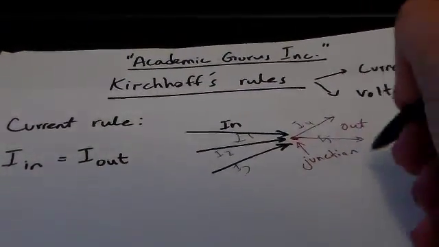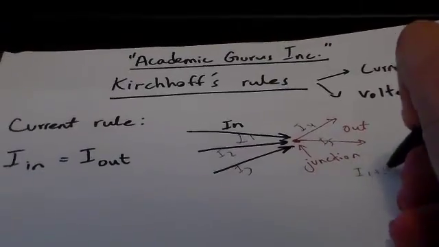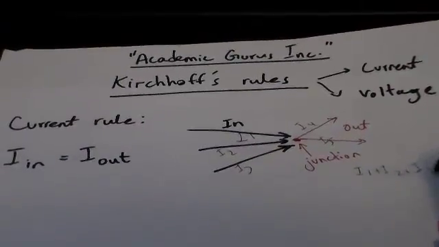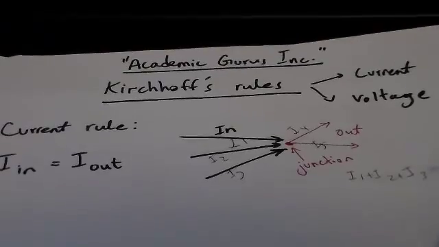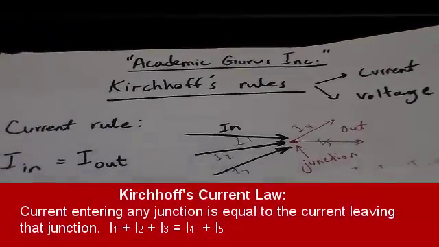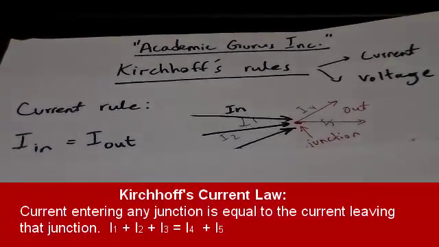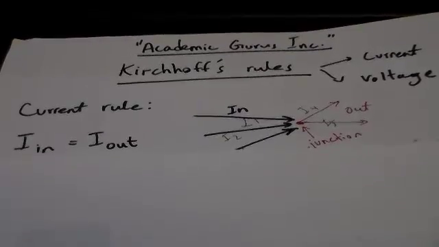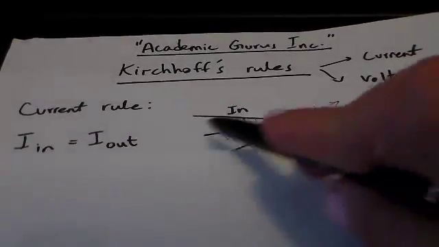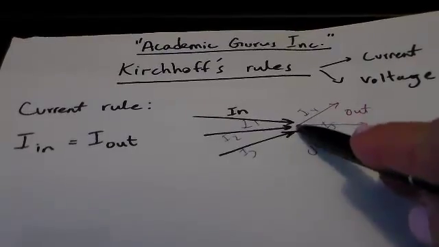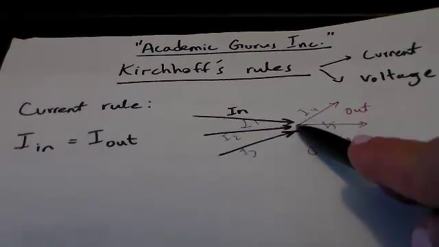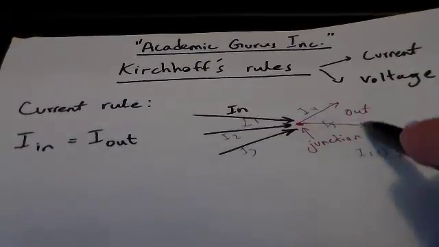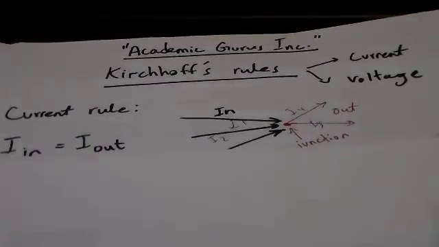So I1 plus I2 plus I3 is equal to I4 plus I5. It's very simple and intuitive, because we need to respect conservation of charge. If this amount of charge carriers gets into this junction, nothing more or less should come out of it. That's literally what it is.